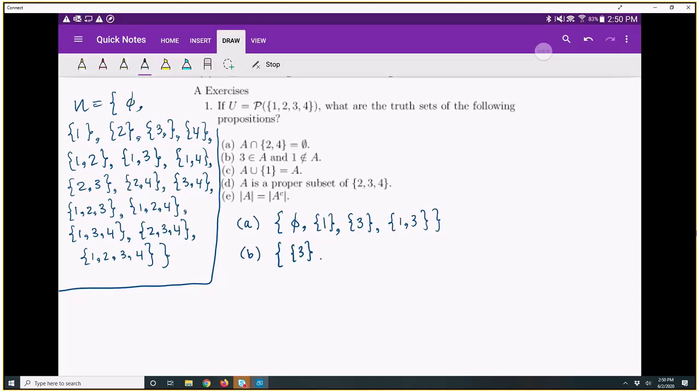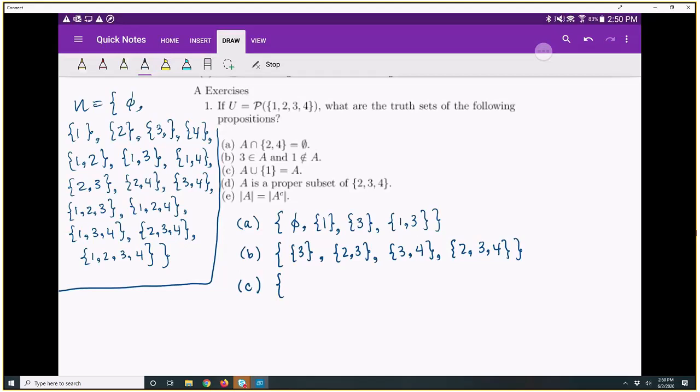Or we could have the set {2, 3}, {3, 4}, or {2, 3, 4}. Notice that each of these propositions is a proposition that takes sets as inputs. So all of our truth sets are actually sets of sets.